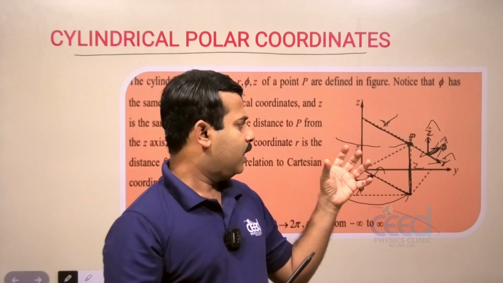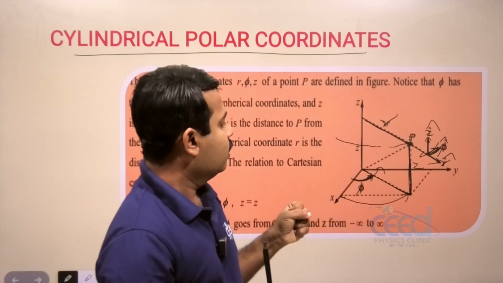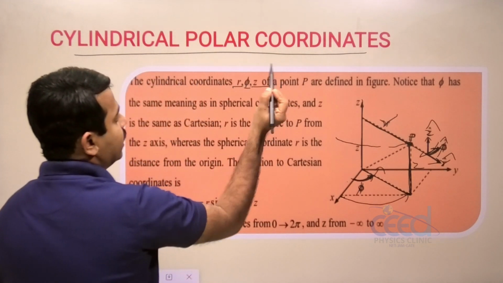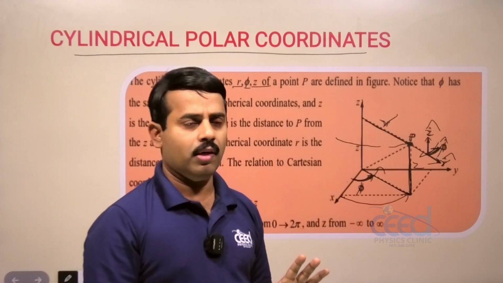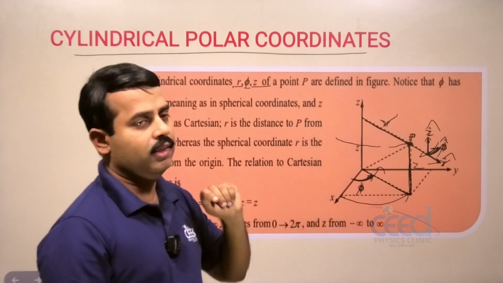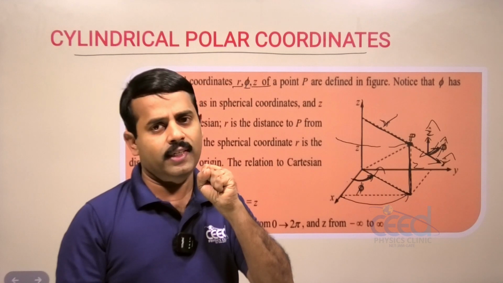In the cylindrical coordinate system, we require r, phi, z to define this particular point. These are the cylindrical polar coordinates.